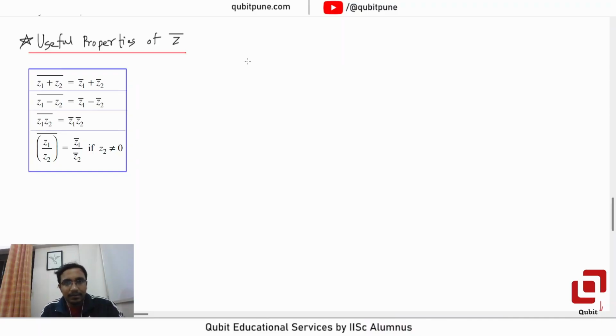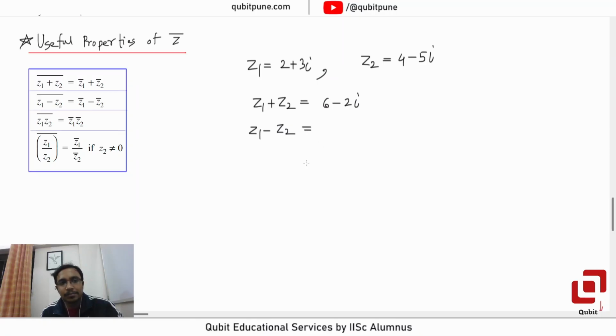Let me take z1 as 2 plus 3i and let me take z2 as, let's say, 4 minus 5i. What is z1 plus z2? 6 minus 2i. What is z1 minus z2? Negative 2 plus 8i. Can you tell me the product quickly? z1 into z2.